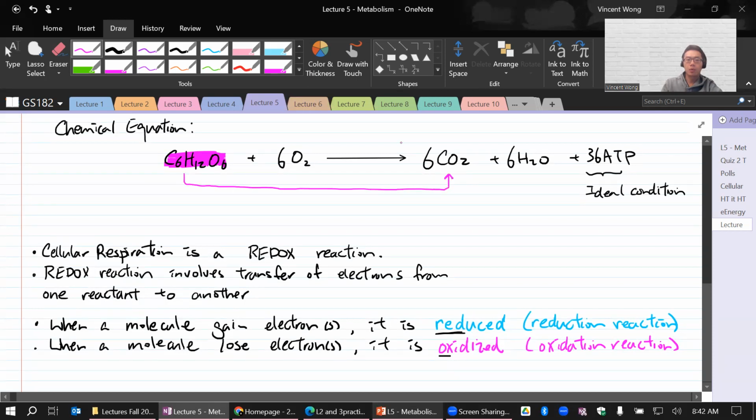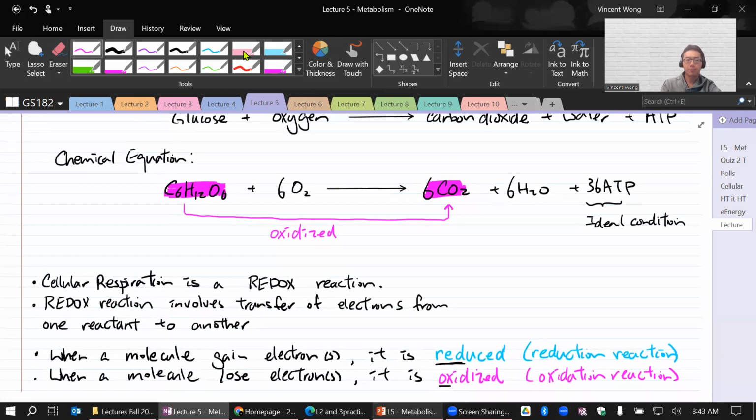And in the end, when you take enough electrons from it, it will become carbon dioxide. So this is oxidized. Okay, so glucose is oxidized into carbon dioxide. You remove electrons from glucose, and eventually, when you remove enough, it will become carbon dioxide.